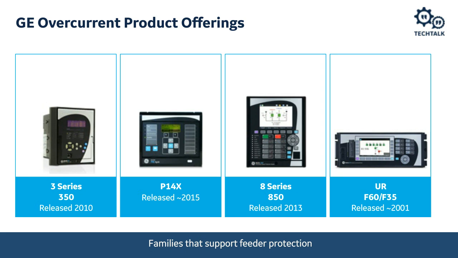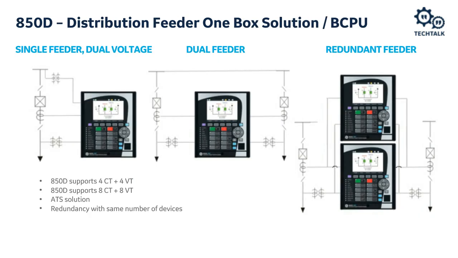So 2 of the differentiators that we should talk about for the 850 and the distribution utility market are the 850D and the 850P. I'm going to go very fast because I want to leave some time for questions. The 850D can do a single feeder protection just like we normally do with those feeders.